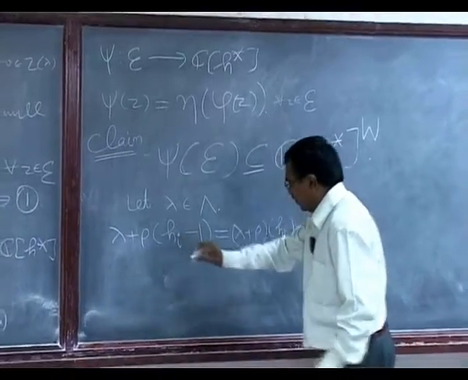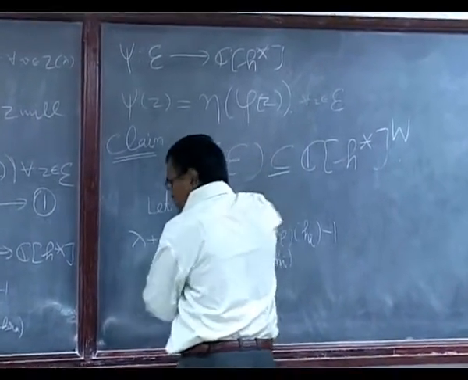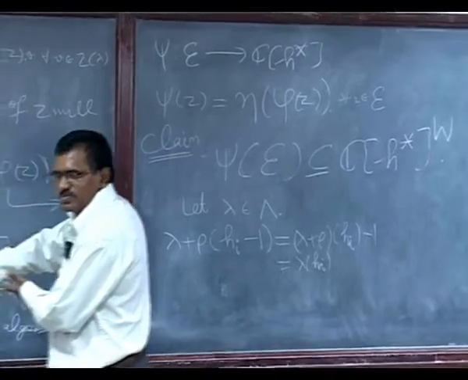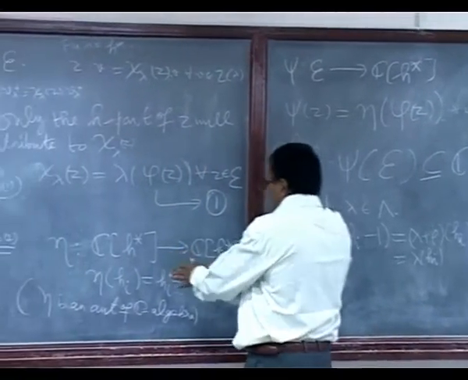Think of this H i minus 1 as coming from eta of something, but eta is an automorphism, not just at the linear level.